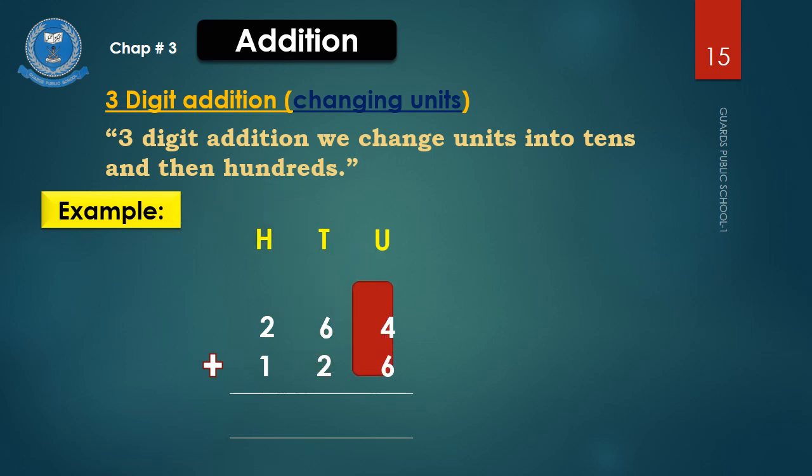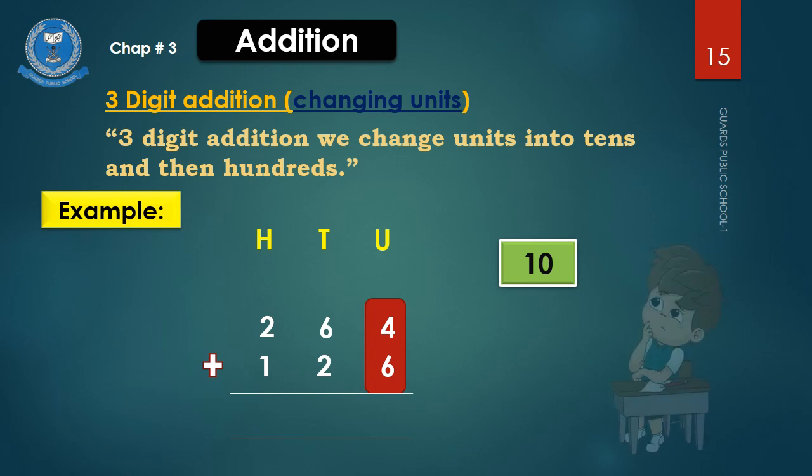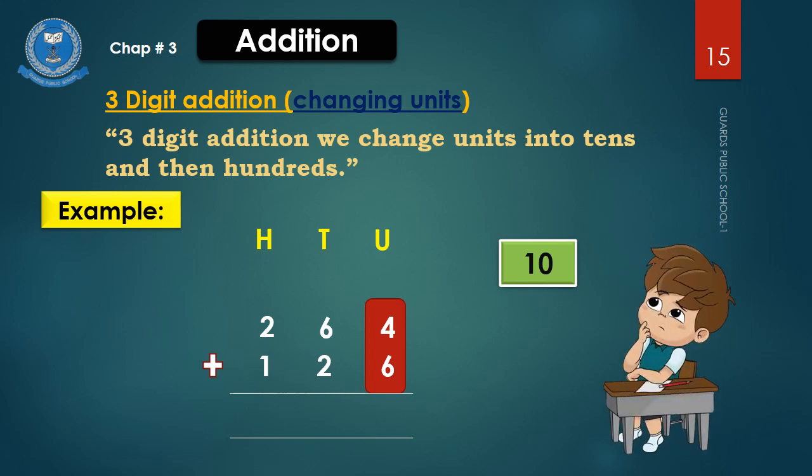We have the numbers 4 and 6 in the unit column. After adding these numbers, we get the answer 10. Students, will we write 10 in the units column? No, we write 0 below the unit column and carry 1 forward to the tens column.